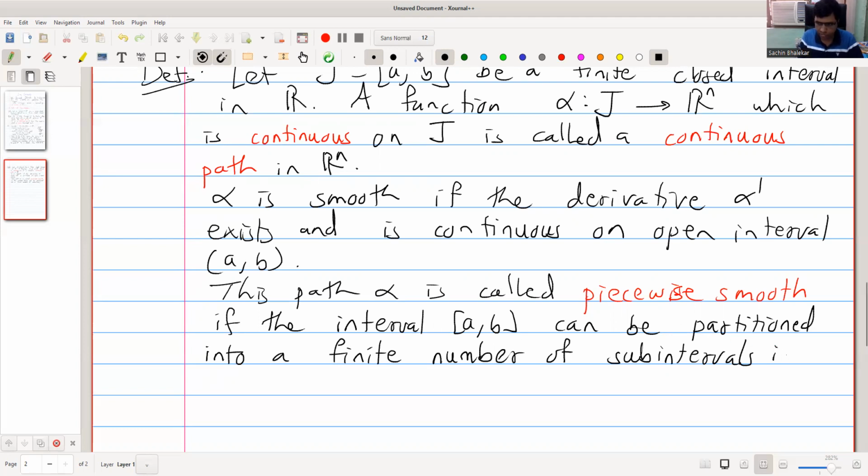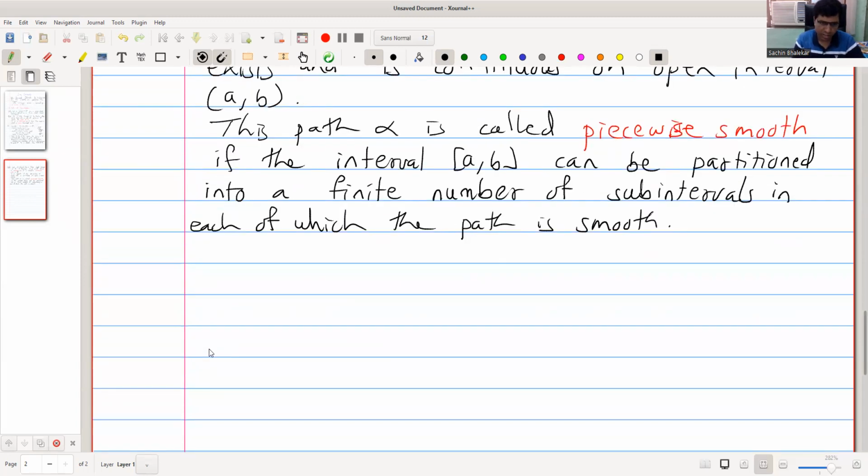In each of these subintervals, the path is smooth, yes, alpha dash exists and is continuous. So how will such a path look?